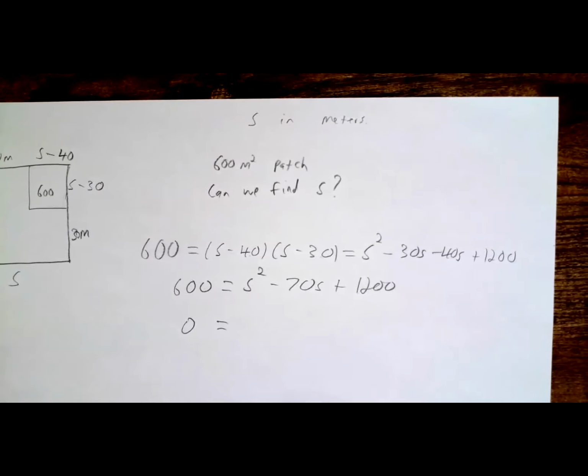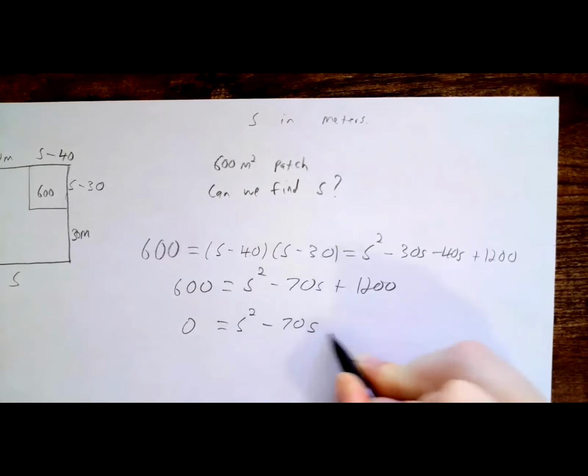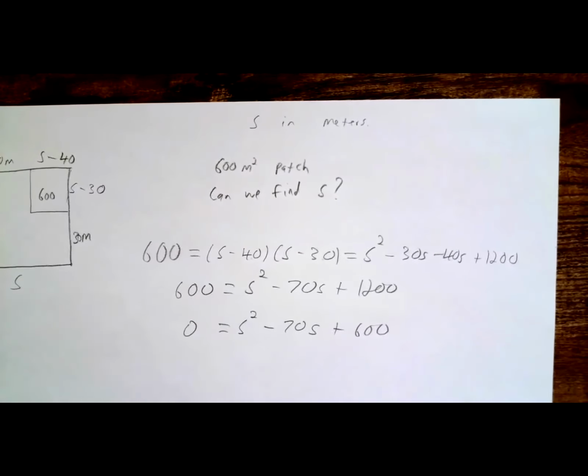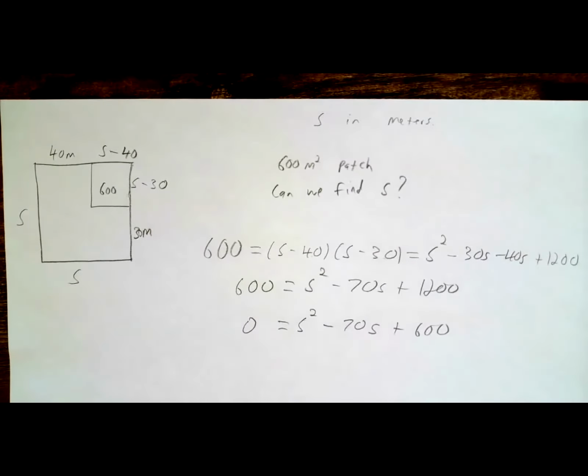That'll give me something equal to 0: 0 equals S squared minus 70S plus 600. And now you see what I mean, because you've got an equation for S where on one side you've got S squared minus 70S plus 600, and on the other side, you've got 0. If you can solve this, then you'll be able to find the side length.